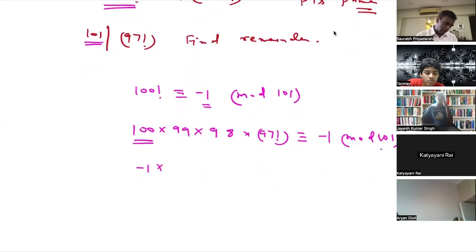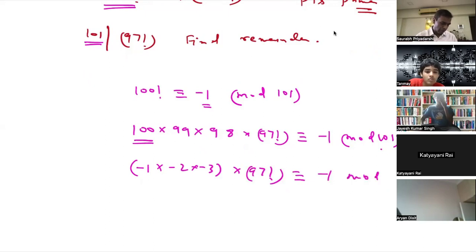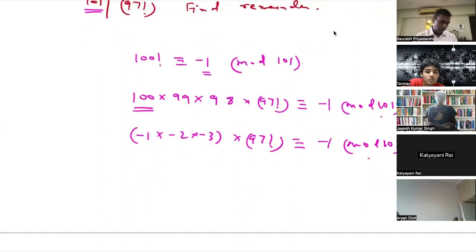So all these three numbers into 97 factorial congruent to -1 mod 101. Or I can say this is -6 into 97 factorial giving -1 mod 101. Or we can remove the minus: 6 into 97 factorial congruent to 1 mod 101.